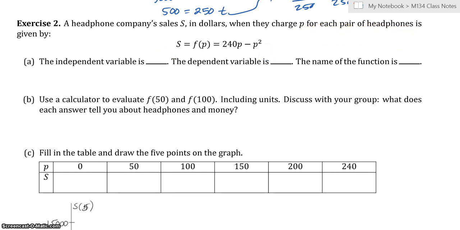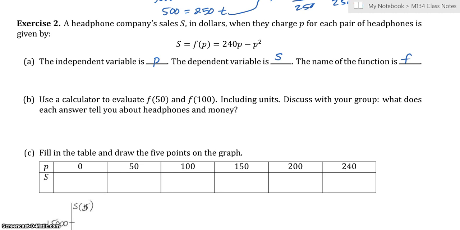And it's given by this formula. Do as much as you can, A, B, C, and come back when you get stuck or you're finished. What did you get as the independent variable? Hopefully it was P is the correct answer. And then you would say the dependent variable is the S, and F is just the name.